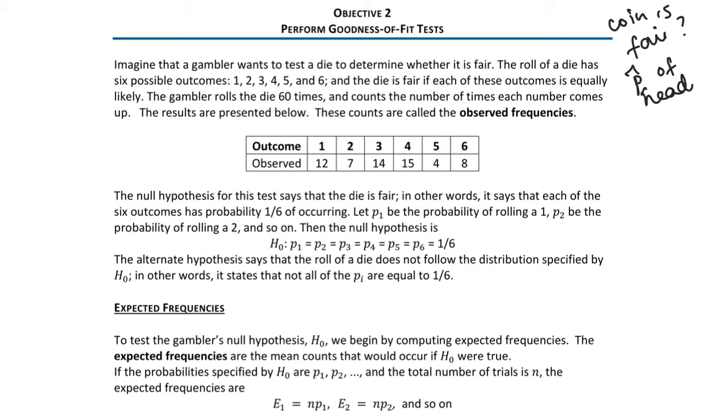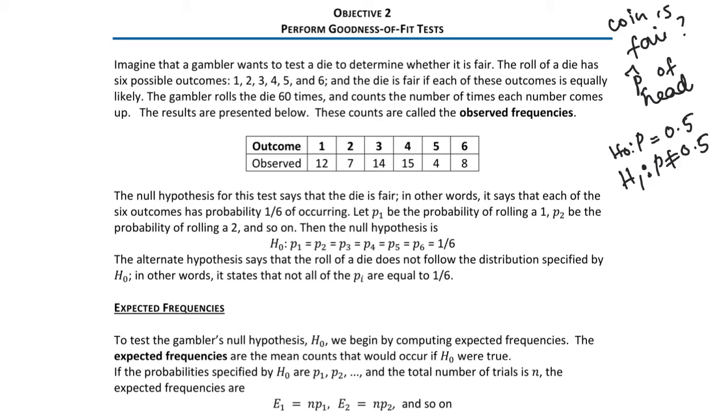You could then use the test for a population proportion to test the null hypothesis H naught: P equals 0.5 versus the alternate hypothesis P not equal to 0.5. You learned that in section 9.4.